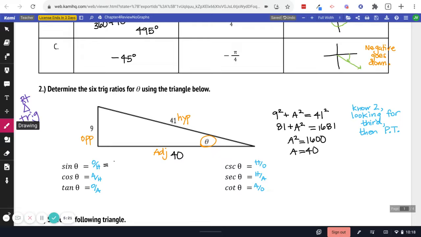So this will be 9 over 41, 40 over 41, and then 9 over 40. Over here, it'll be 41 over 9, 41 over 40, and we'll finish it with 40 over 9.